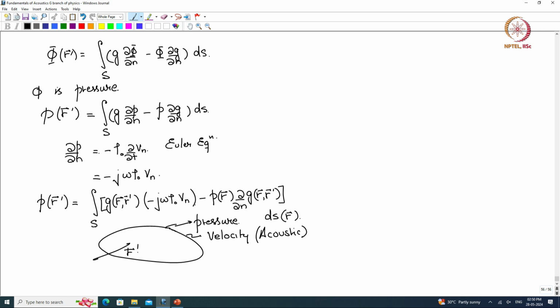So this is the Kirchhoff-Helmholtz integral, the KH integral, KHI. If I know the values of pressure on the surface and normal particle velocity on this surface, I know the form of the Green function and the form of its derivative, I perform this integral and find the pressure inside.